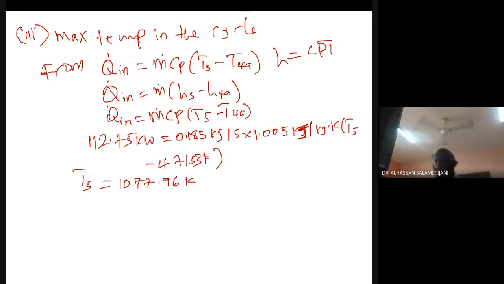Okay, so this temperature T5 is the same as T7, is the same as T9. Why is it so? Because all the turbines that we have in the cycle have the same pressure ratio.